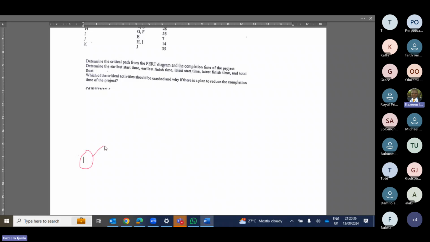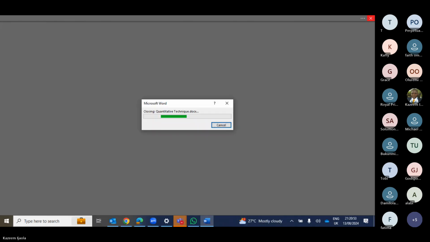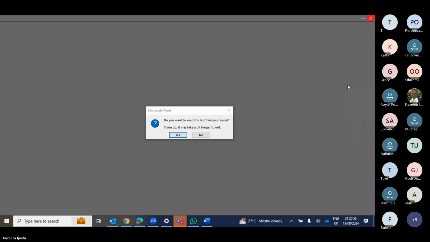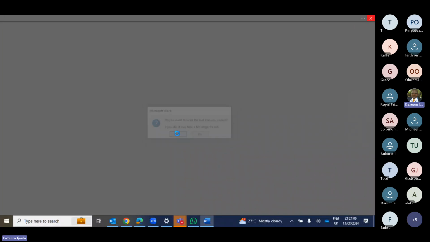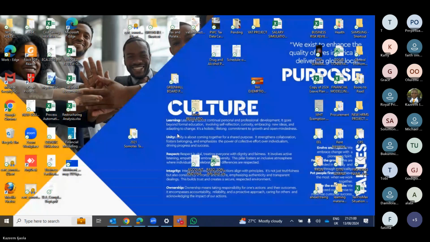All right. So activity A and B are starting from the origin. Sorry, let me close this Word document and open it back. My drawing is not coming out the way it should. Just a minute.